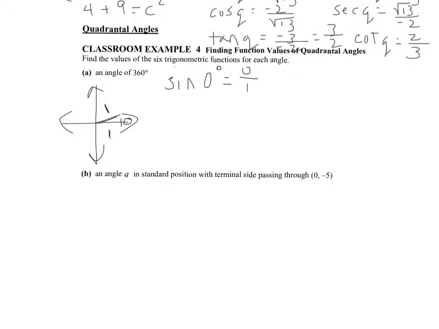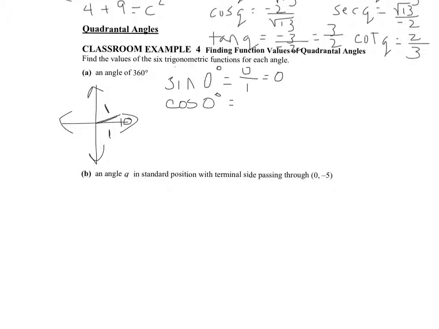And what is any fraction where 0 is on top and the denominator is not 0? 0. 0 divided by anything is 0. Okay? So the sine of 0 degrees is 0. Now, what about the cosine? Cosine's not opposite over hypotenuse, it's what? Adjacent over hypotenuse. Look at this diagram.